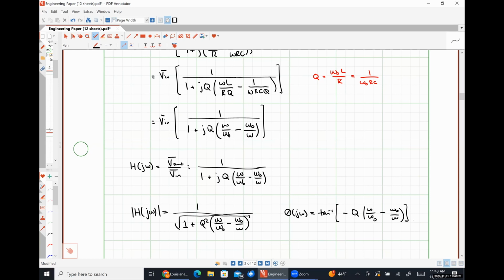James, the one before you have one, no. Good question, but no. When I'm finding the magnitude of this thing, let me explain it in a slightly different way. If I have a complex number A that is A plus jB, the magnitude of A is the square root of A squared plus B squared.